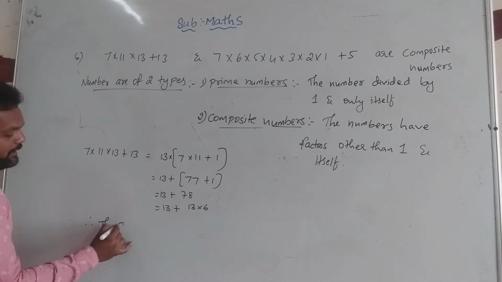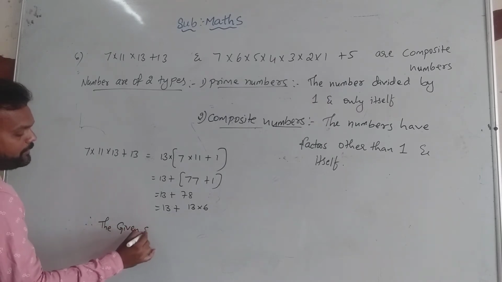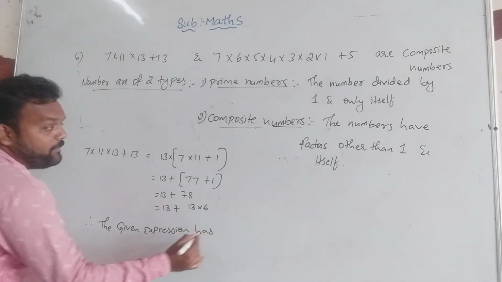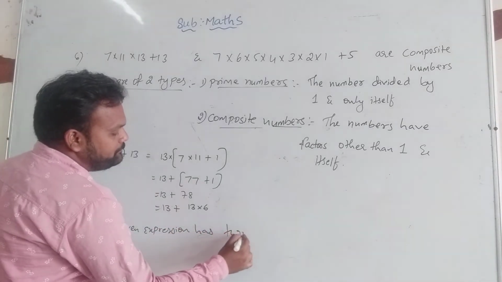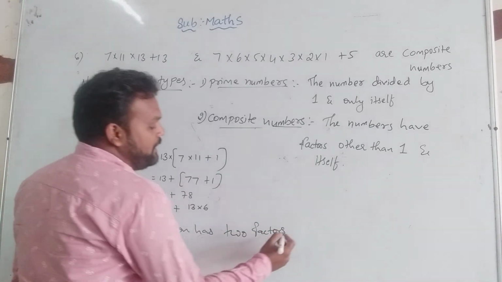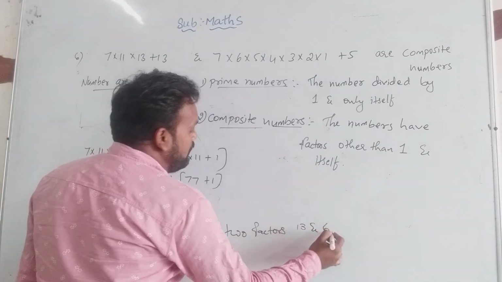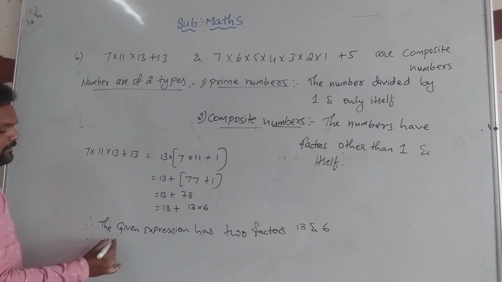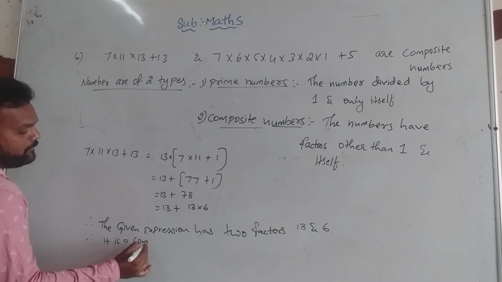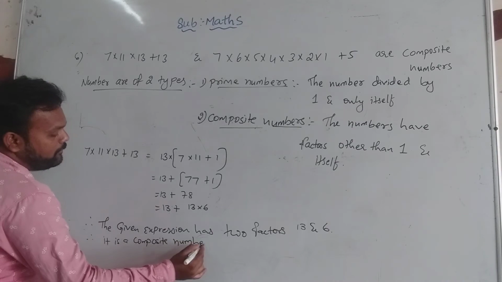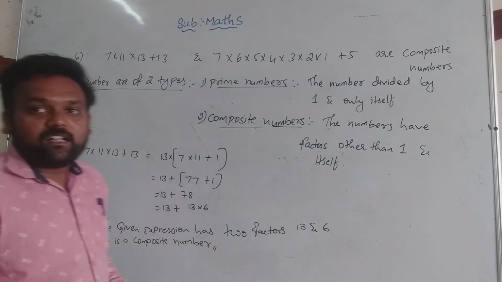The given expression has two factors, 13 and 6. Therefore, it is a composite number.